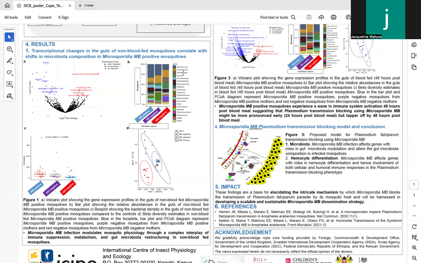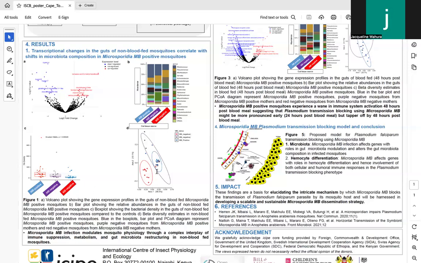This suggests that their downregulation in this particular data set was associated with downregulated immunity as observed in the transcriptomics data. In addition, we observed an increased bacterial density in Microsporidia MB positive mosquitoes as compared to the negative mosquitoes, and this could be associated with the downregulation of the immune system.